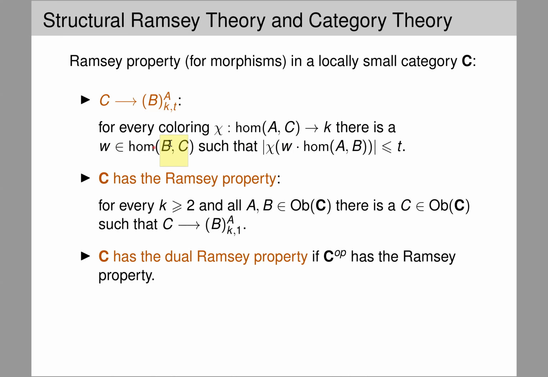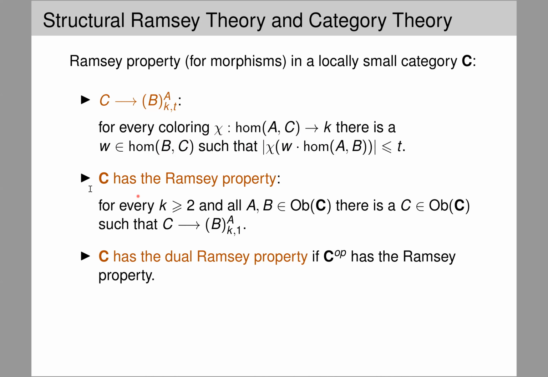So it's the pointer to this particular copy of B in C such that this copy of B attains at most T colors. So it's a straightforward generalization of the combinatorial statement that we've seen a few slides back.